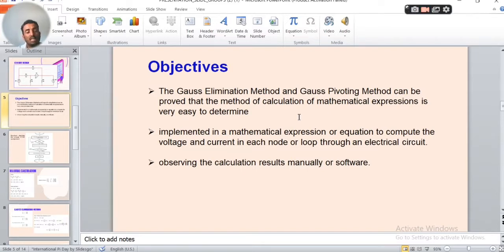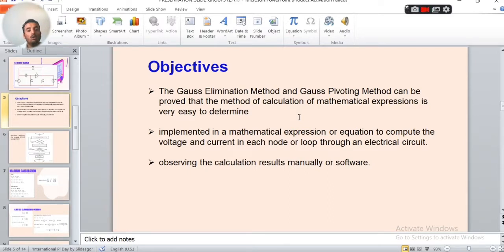So the objective of using Gauss's elimination method is that it is very easy to determine the calculation, and its implementation in mathematical expressions or equations to compute the voltage and current in each node or each loop in the electrical system is very easy.